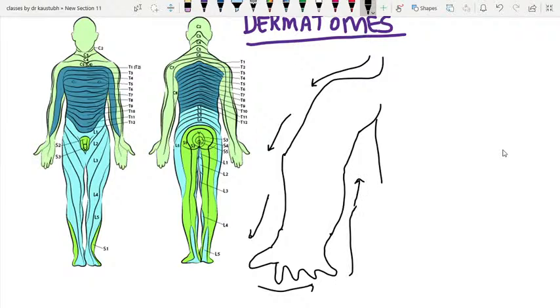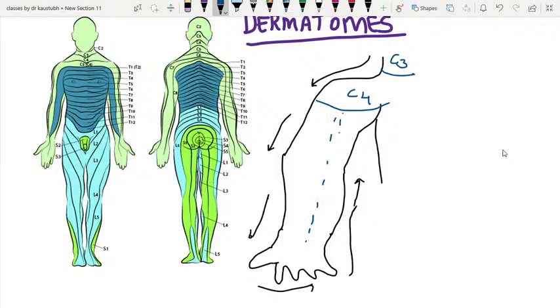So what you need to understand here is, if I want to make a dermatome here, at the level of your neck is the dermatome C3, right? Then at the level of the shoulder and the deltoid region is your dermatome C4. Okay, so everything has become pretty clear. Now when we come to the upper limb, divide it into half up to the hand.